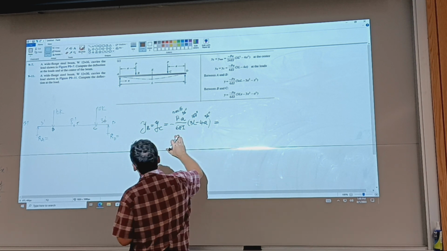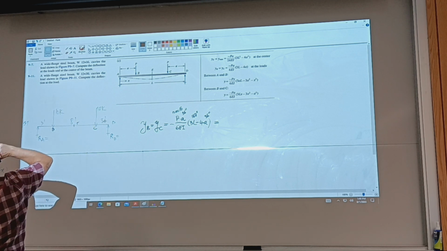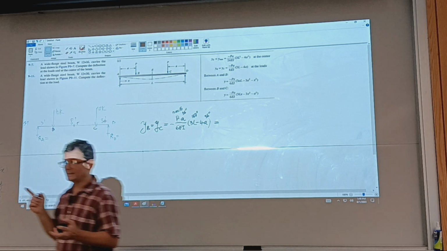So we're given the wide flange steel beam. So it's a structural steel, right?